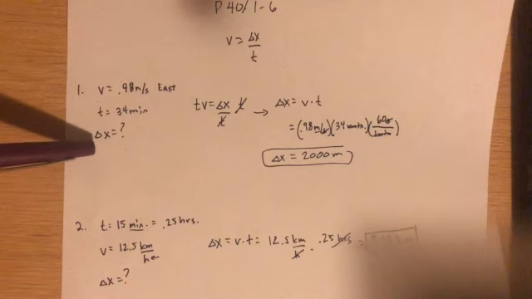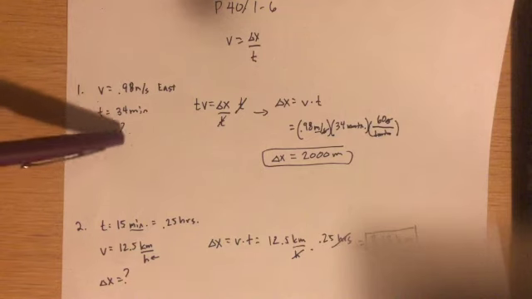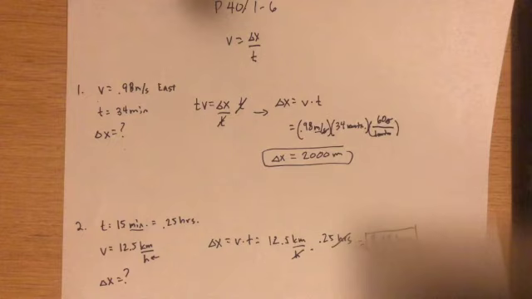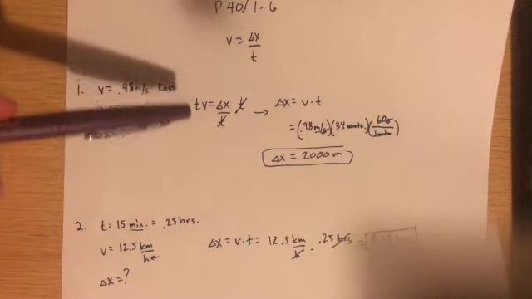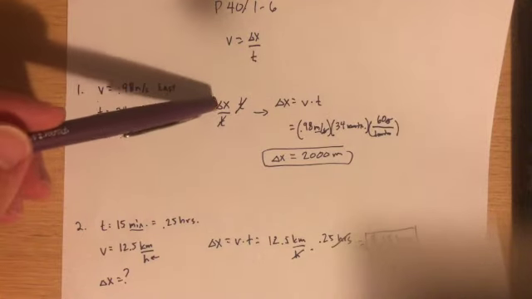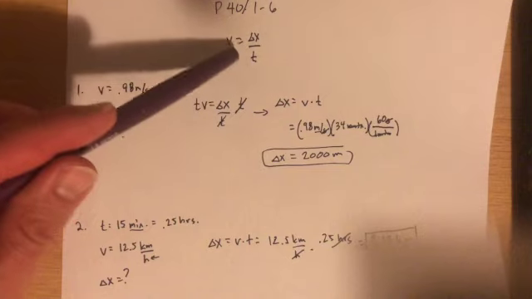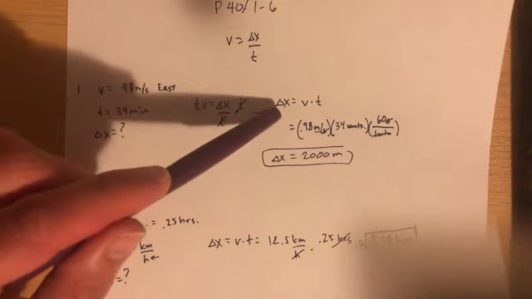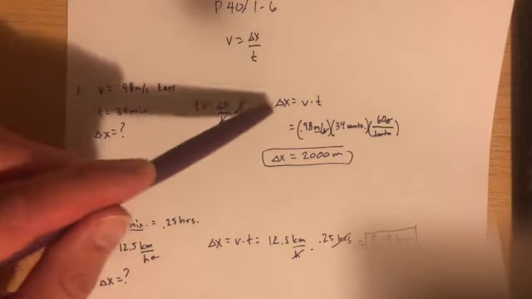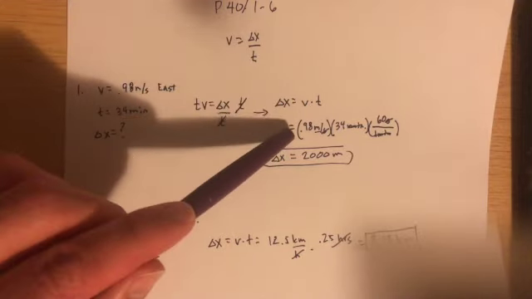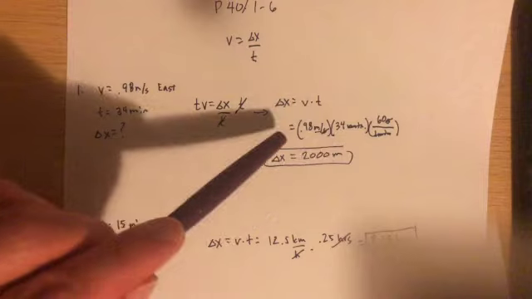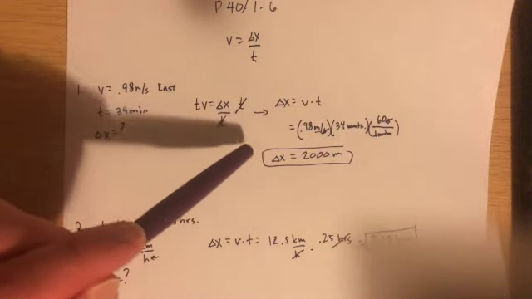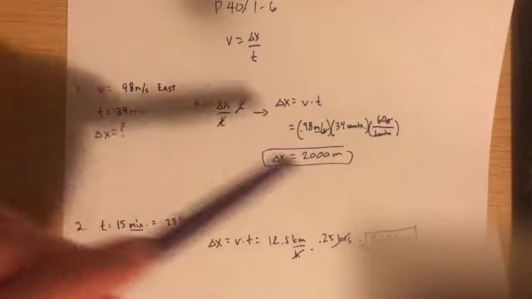I write the variable for my unknown set equal to a question mark because it's unknown. Then I wrote down v equals delta x over t, and I rearranged it into the form that I want. So this is my algebraic equation. Then I plug numbers in, this is where I say plug and chug, and then calculator magic, we get our final answer.